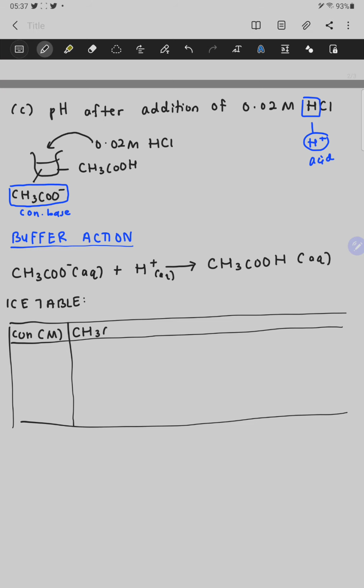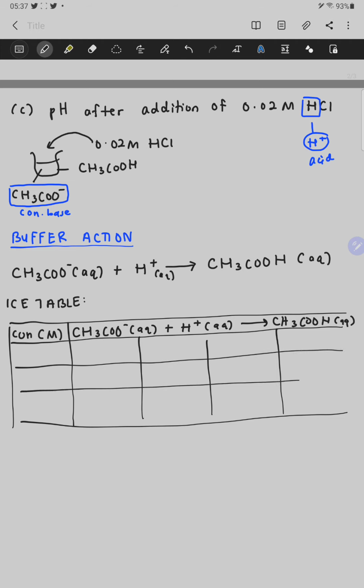So, kita ada CH3COO- aqueous plus H+ aqueous produce CH3COOH aqueous. Okay, so kita akan separatekan. Right, so this is initial value, initial concentration, changes in concentration, and final concentration of each species.